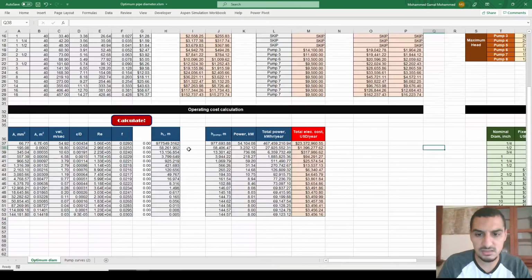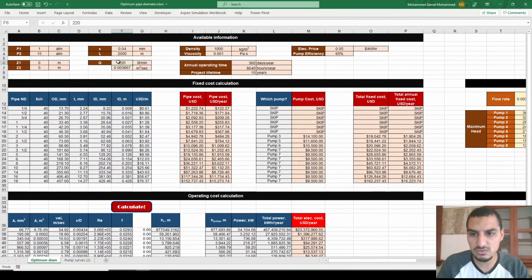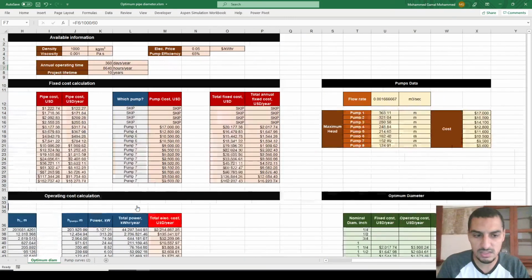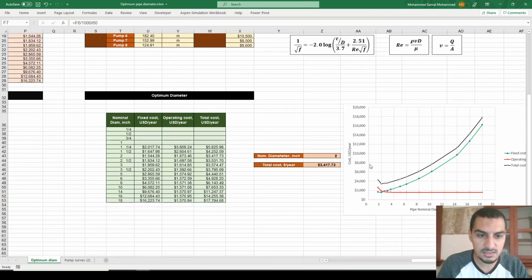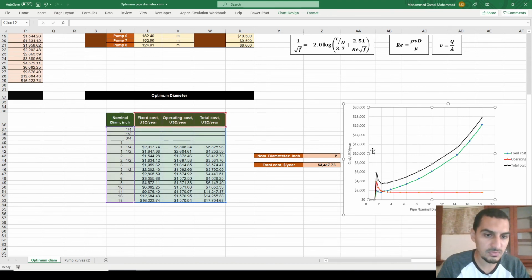And now everything is done. We can do anything here. If I change the flow rate to 100, I just need to do the calculating, and it's going to do everything for us. And now we can do it without having the problem of expanding the range too much, because I'm not showing the values that are very large.